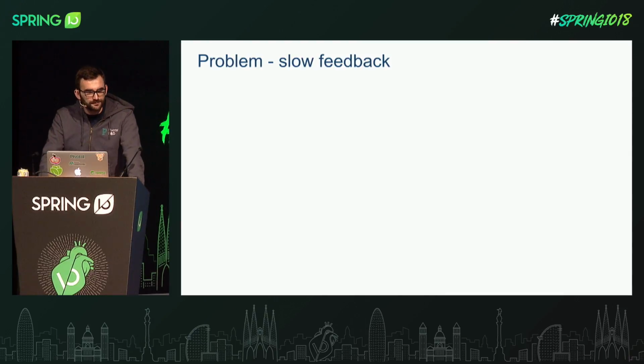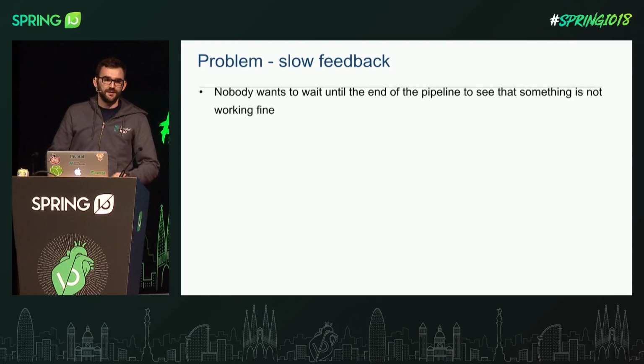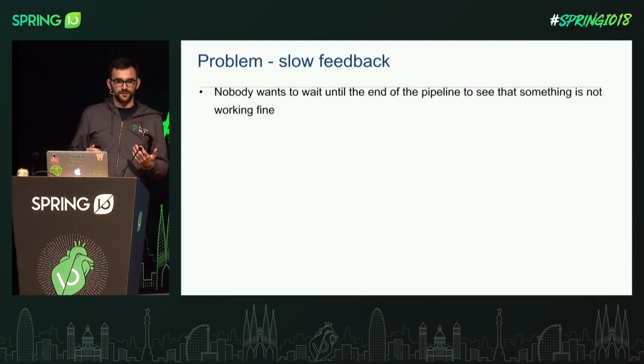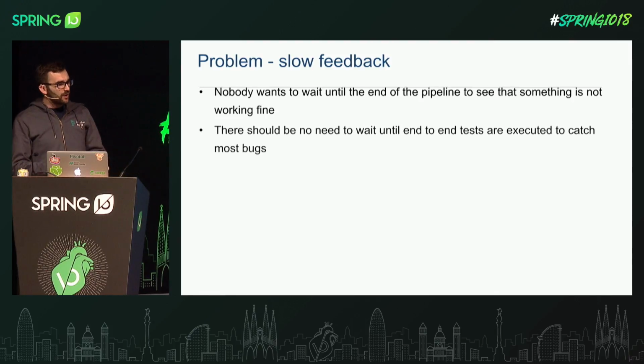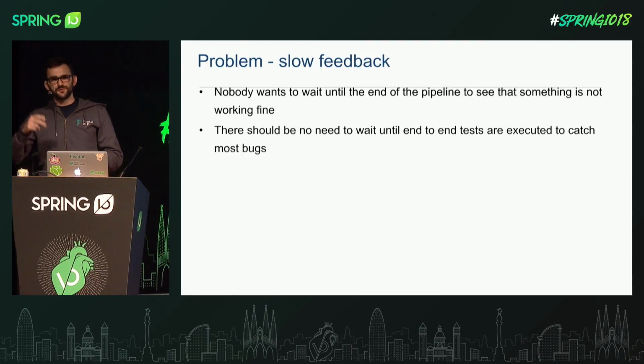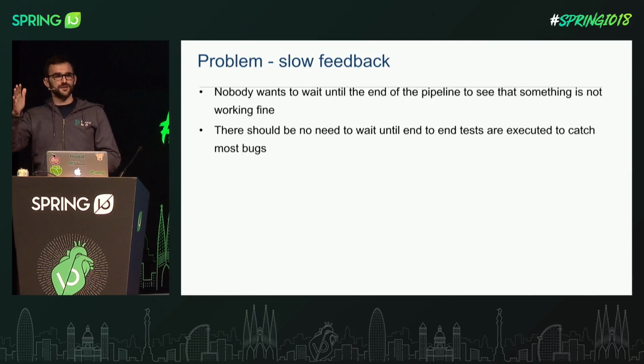So we have a problem called slow feedback. By the way, in this presentation, you're going to see a couple of Captain Obvious solutions to the problems. Let's start with the problem. Slow feedback. We don't want to wait until the end of the deployment pipeline to see that something's not working fine, especially since often we have those end-to-end tests that take 58 hours to run. And of course, you have to rerun them 3 times, and then they're going to pass, right?